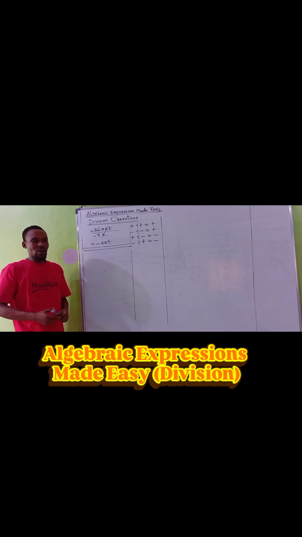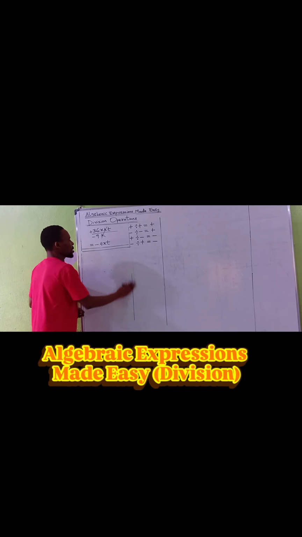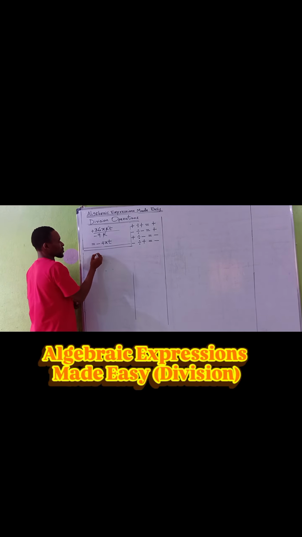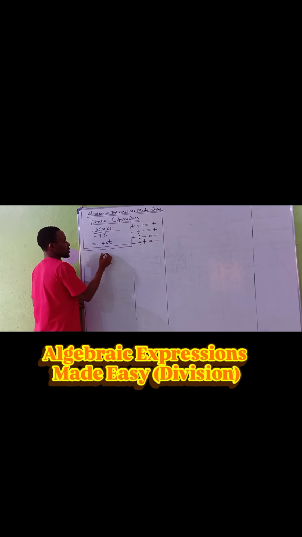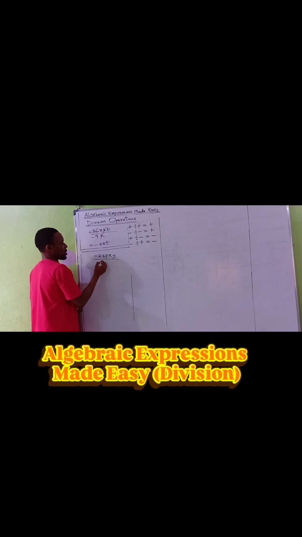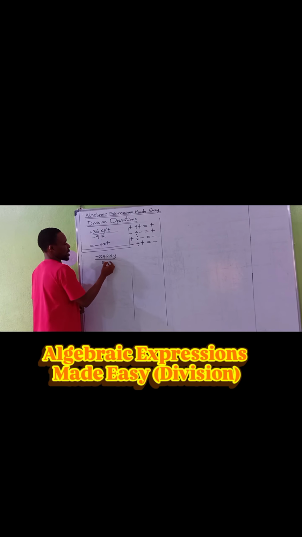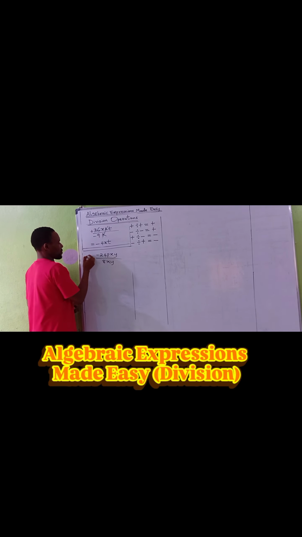Now, I'll give you a quick one to do. I need your answer in the comment section. Let's say you were given minus 24pxy divided by 8xy. This is the first one.